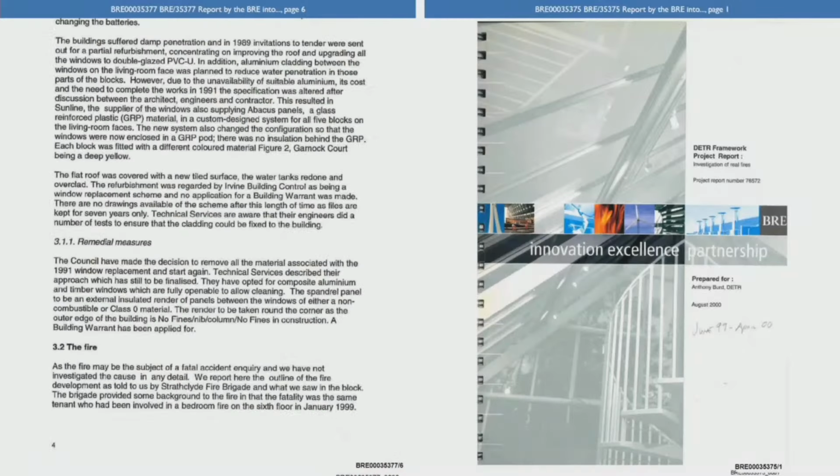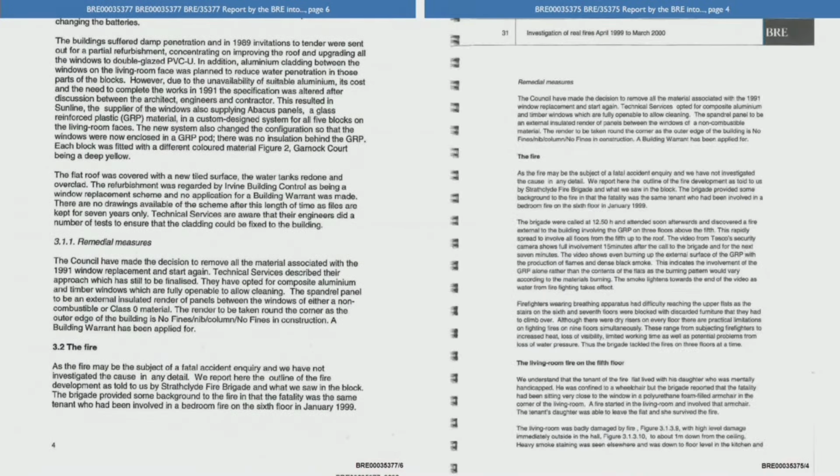Could we please have up at the same time, please? If we go, please, to on the left-hand side of the page, page 6, paragraph 3.1.1, and at the same time, on the right-hand side, let's please have page 4, top of the page.